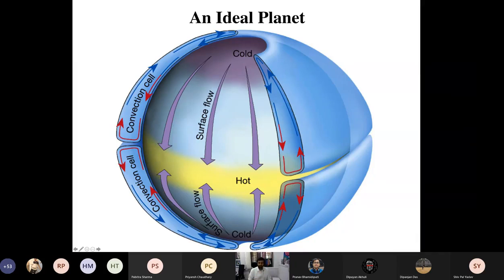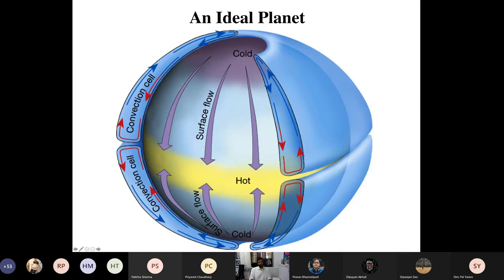Why? Because at the pole, at a lower temperature, density is increasing, thus it's dropping from the top of the atmosphere to the surface of the planet, and we are starting a convection cell where at the equator you are making things warm and making them rise, whereas at the pole you are making things cold and making them sink.